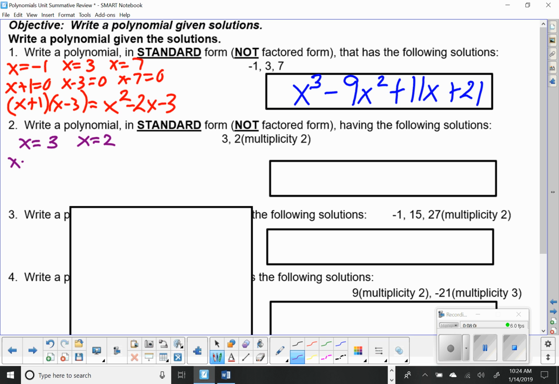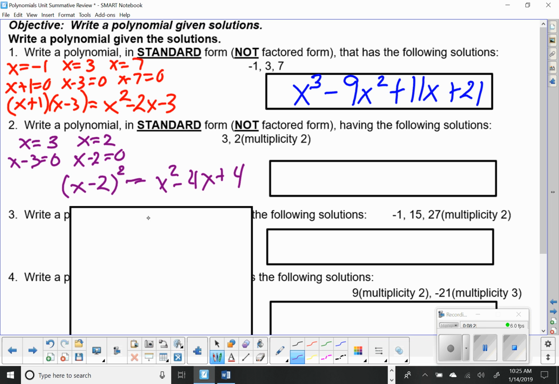So I've got x minus 3 equals 0, x minus 2 is equal to 0. But 2 is a multiplicity of 2, which means that I have x minus 2 quantity squared. This one happens twice. So when I FOIL that, I'm going to get x squared minus 4x plus 4.